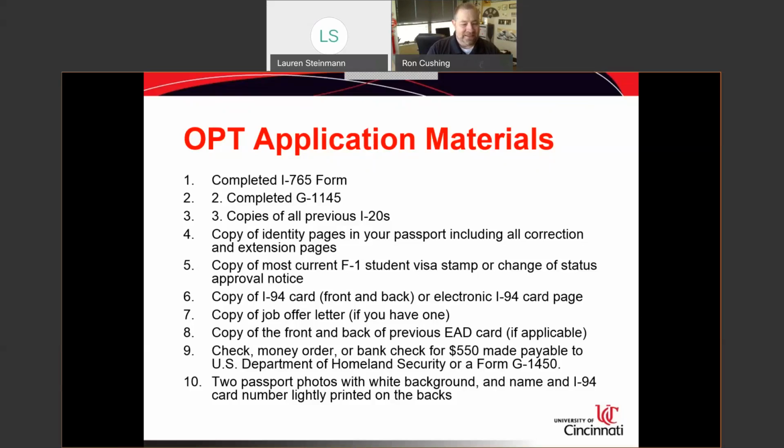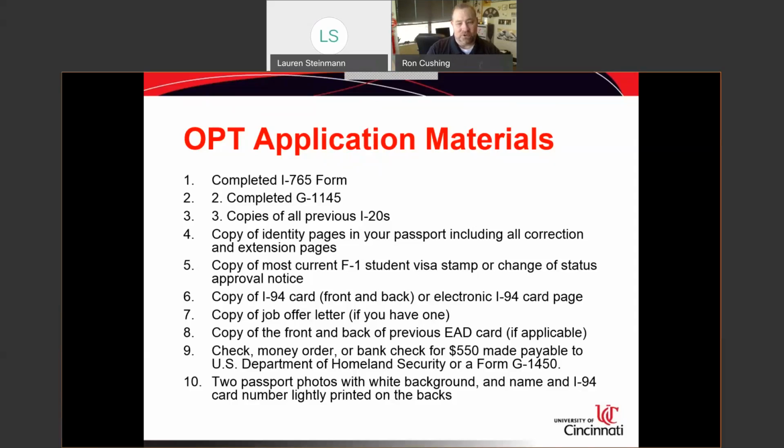So the fee in the foreseeable future is going to be $410, not $550 as is indicated on your screen. But you'll have to pay the fee either through check or money order, or there is a credit card authorization form, a G-1450, that you can fill out.